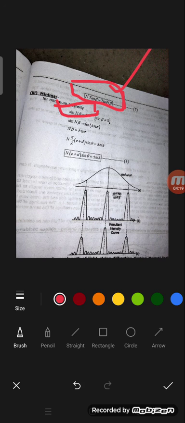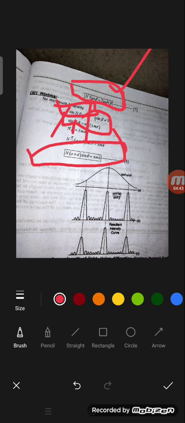If sine is 0, then N beta is equal to plus or minus m pi, since sine is 0 at 180 degrees. So we substitute the beta value, and we get N into (e plus d) sine theta equal to plus or minus m lambda.